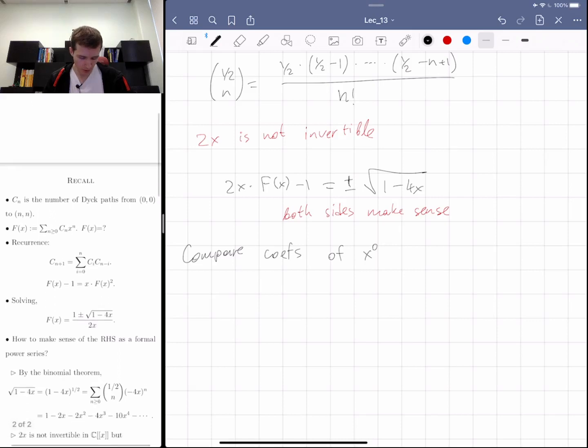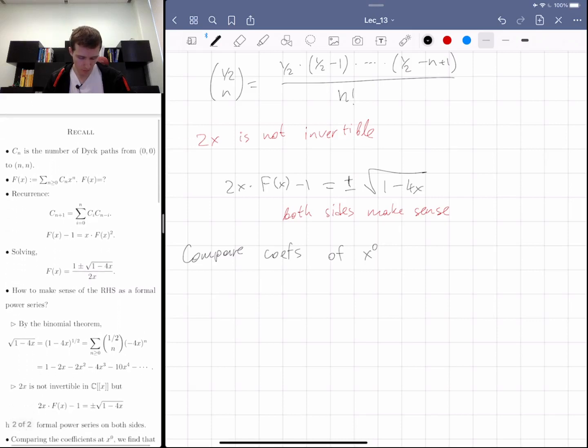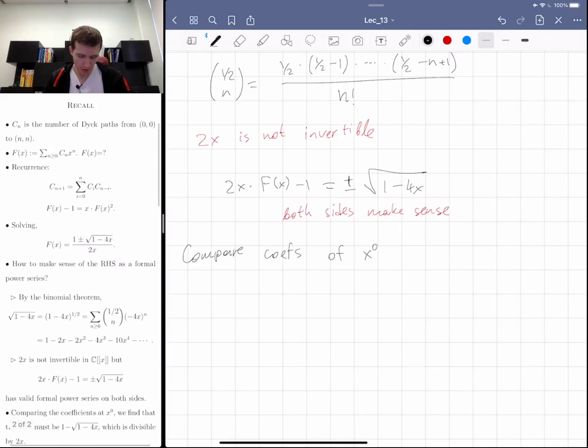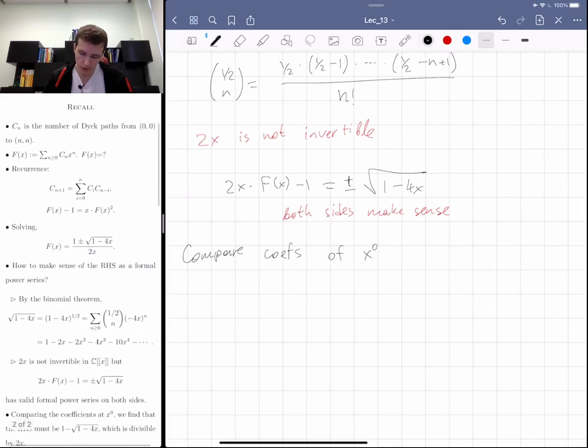If I compare the constant terms, on the left-hand side the coefficient is -1. This gives me 0 constant term and this gives me -1.